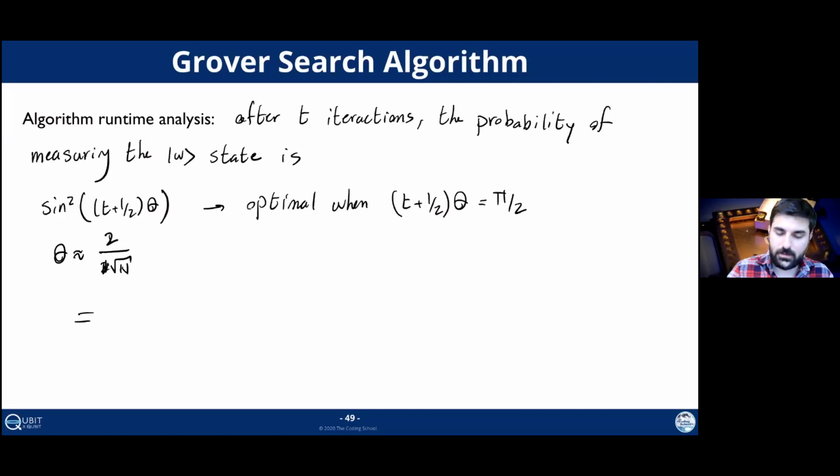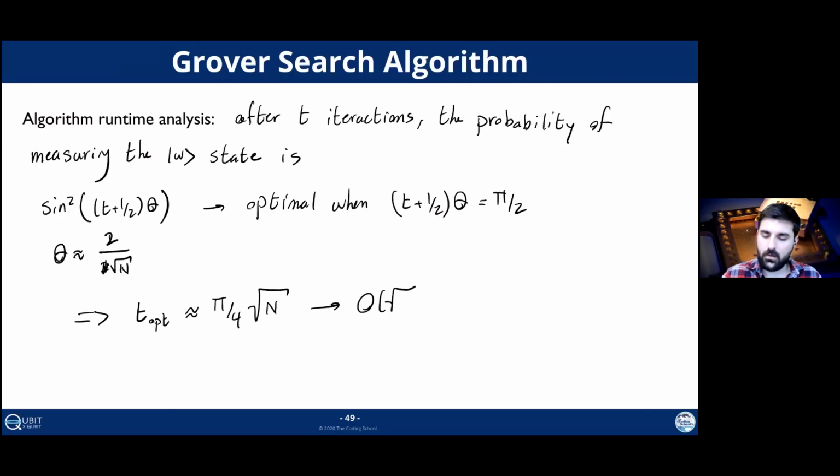So based on this, t optimal, which is the total number of Grover iterations needed, is going to be almost equal to pi divided by 4 times square root of n. And this is O of square root of n, because pi divided by 4 is just a constant.